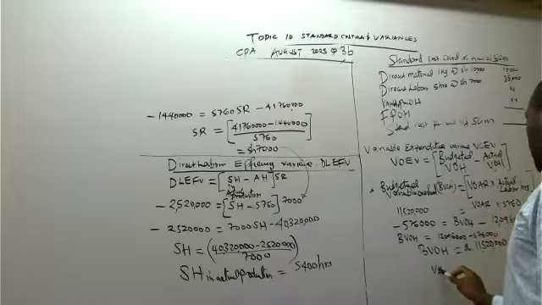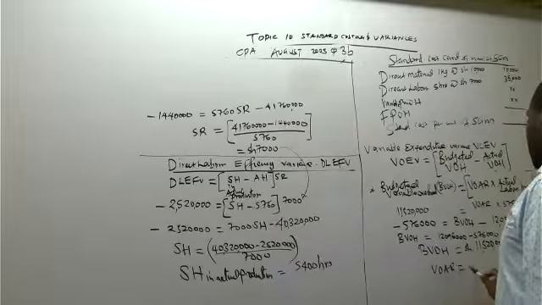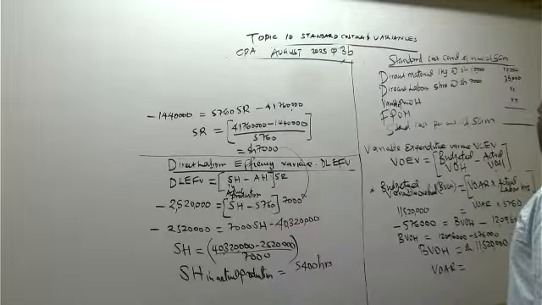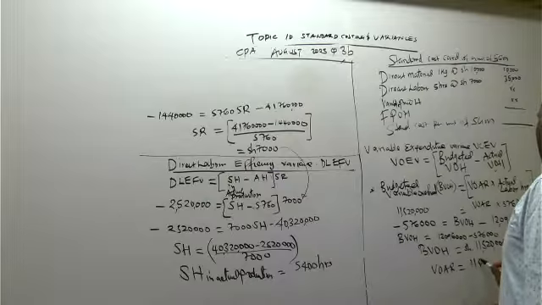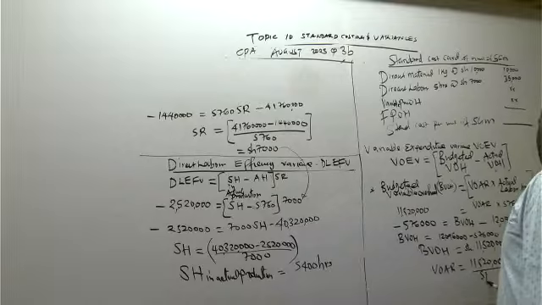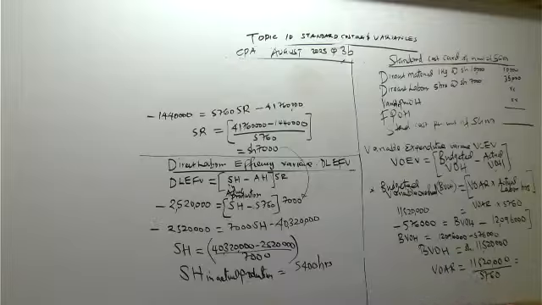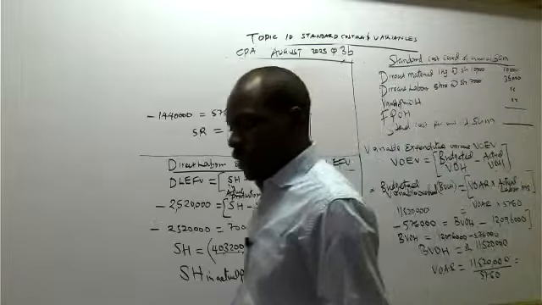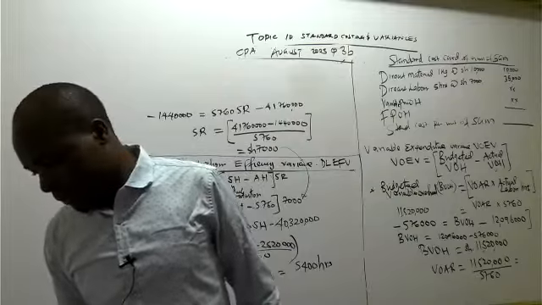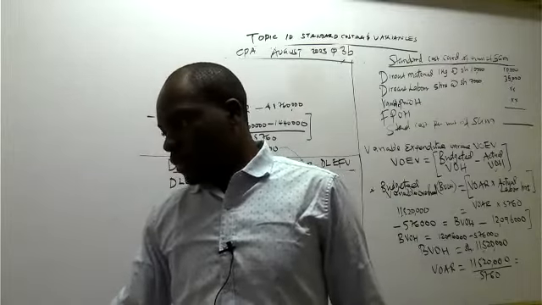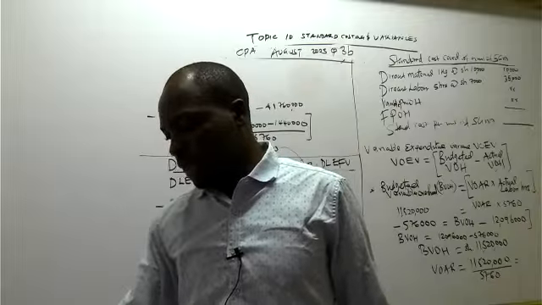Variable overhead absorption rate is equivalent to 11,520 divided by 5760. Tunapata ngapi hapa? Variable overhead absorption rate tunapata ngapi?